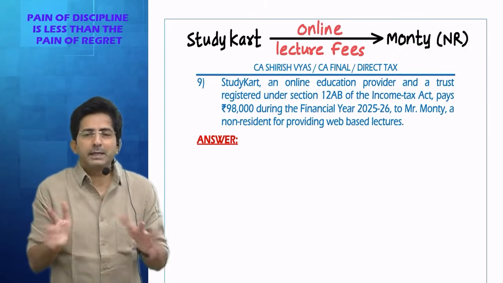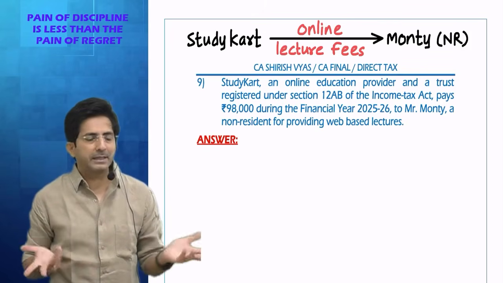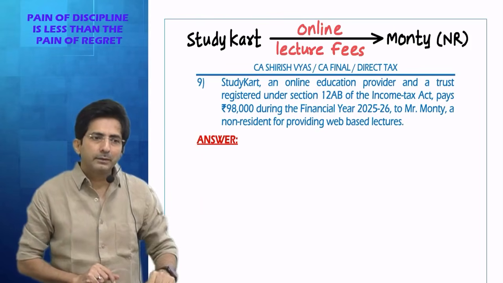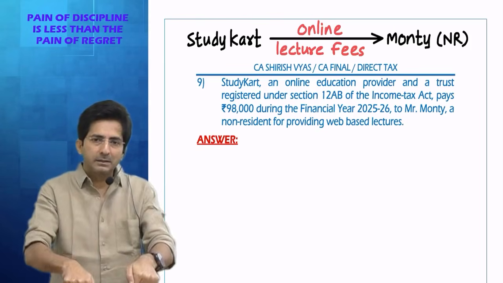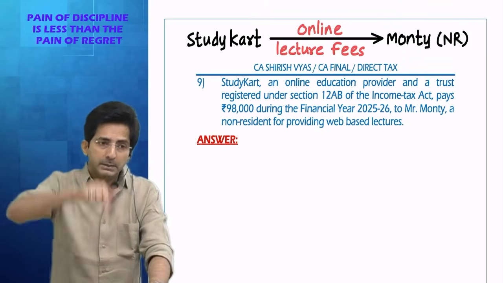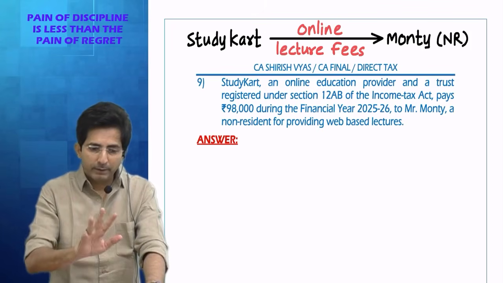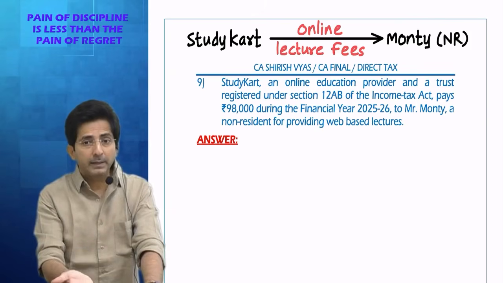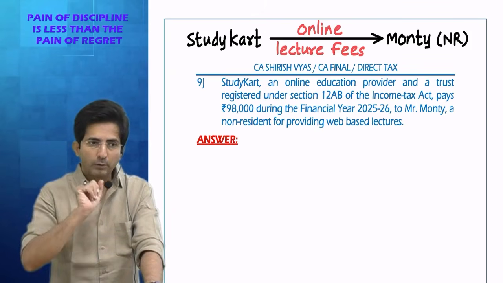But Monty doesn't have any place of business in India. In fact, he doesn't need it, because his lectures are online. He can sit in Dubai and give lectures on Zoom. And giving lectures on Zoom doesn't require him to have a place of business in India. And since he doesn't have a place of business in India, income doesn't accrue in India. And if income doesn't accrue in India, it's not taxable in India. If not taxable in India, India cannot deduct TDS. So TDS will not come.